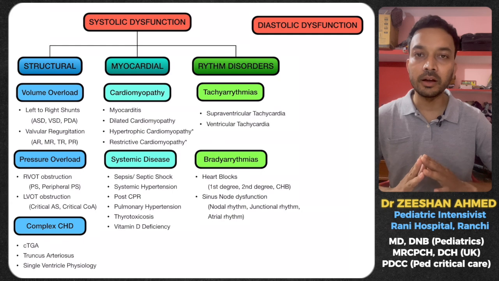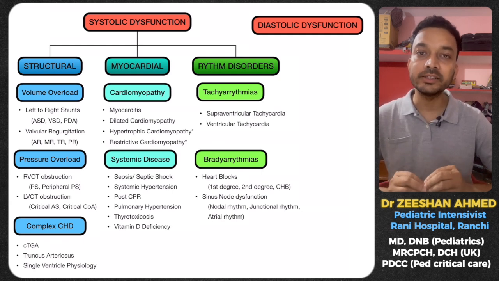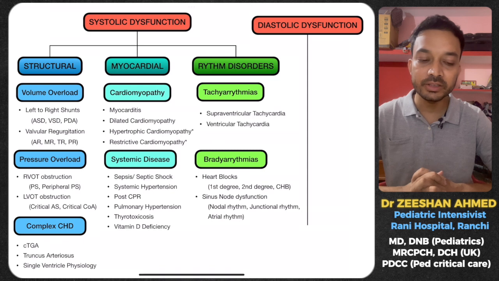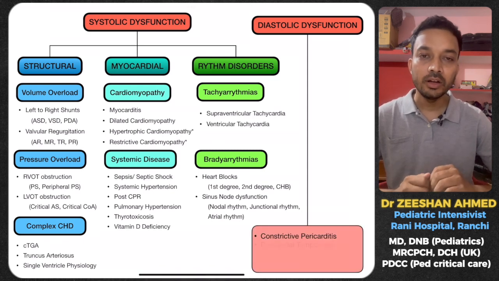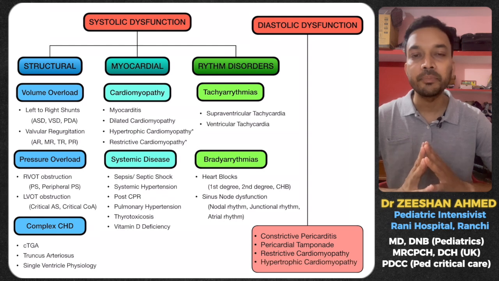So these are the major causes of heart failure in pediatrics, and mostly it is due to systolic dysfunction. But there are certain conditions in which the diastolic dysfunction of the heart leads to cardiac failure. Now let's look at what those conditions are. Mostly we get constrictive pericarditis and pericardial tamponade.